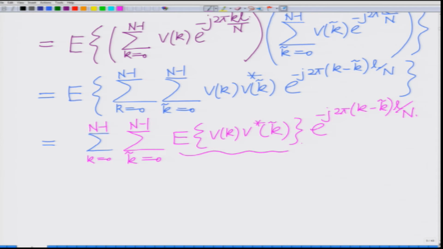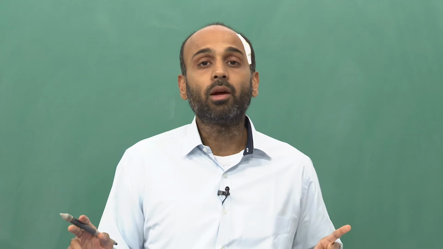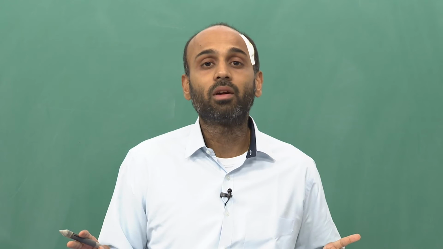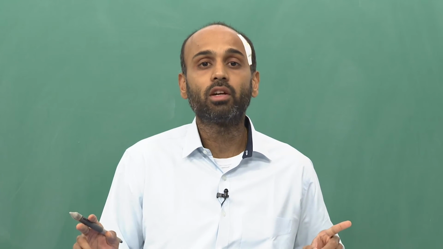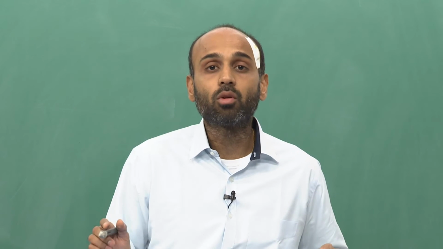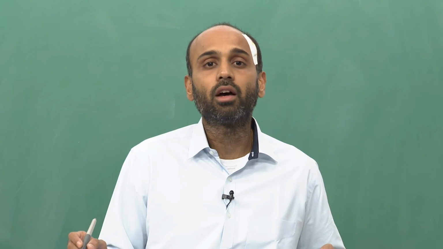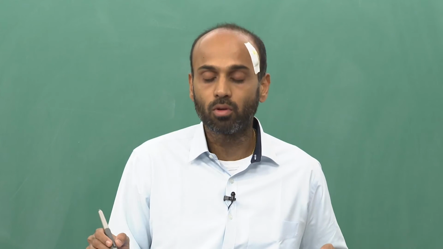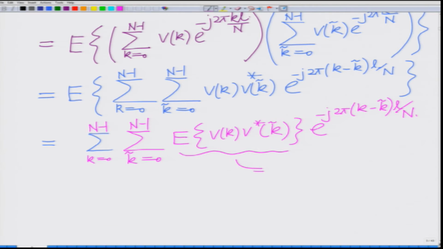And now we know that these time domain noise samples, the small vk's, are independent, which means, as we have already seen, expected value of vk times vk tilde conjugate equals 0 if k is not equal to k tilde, and sigma square if k is equal to k tilde.